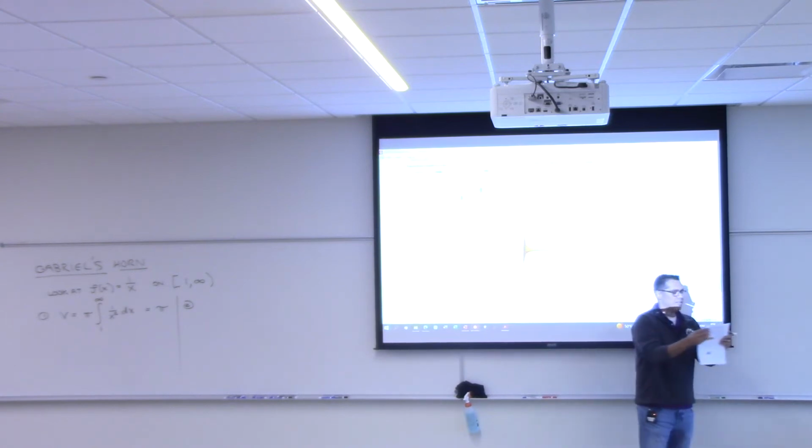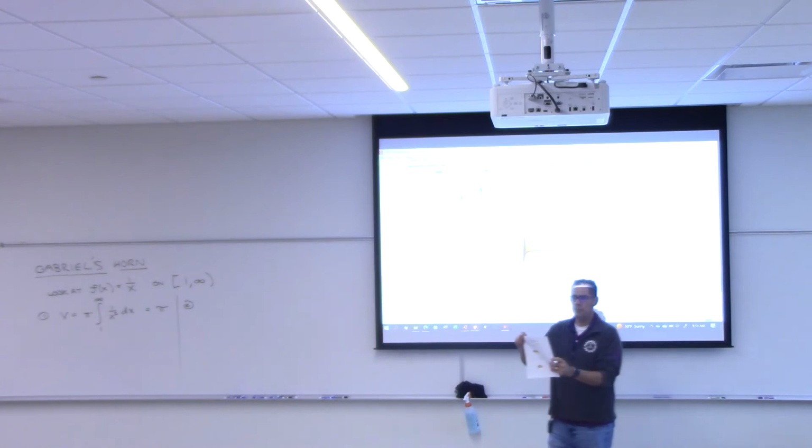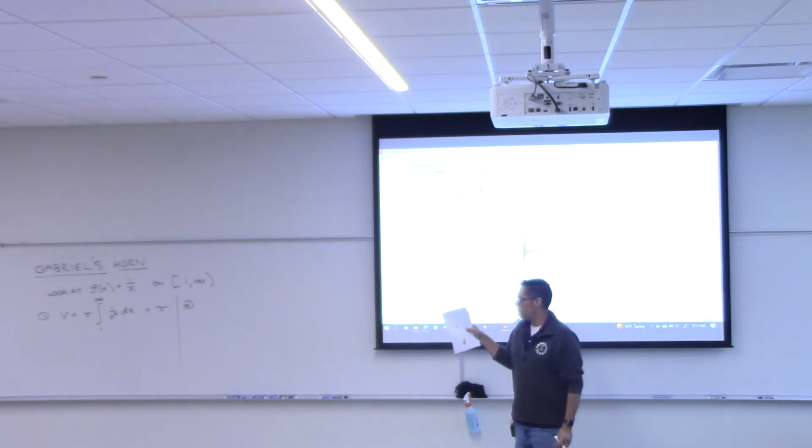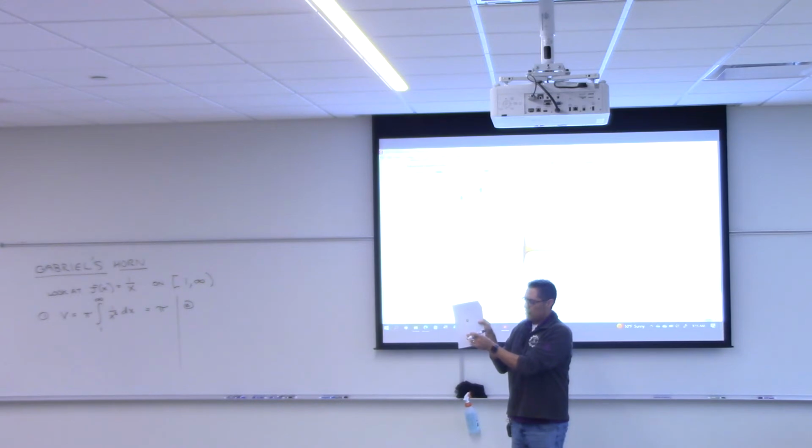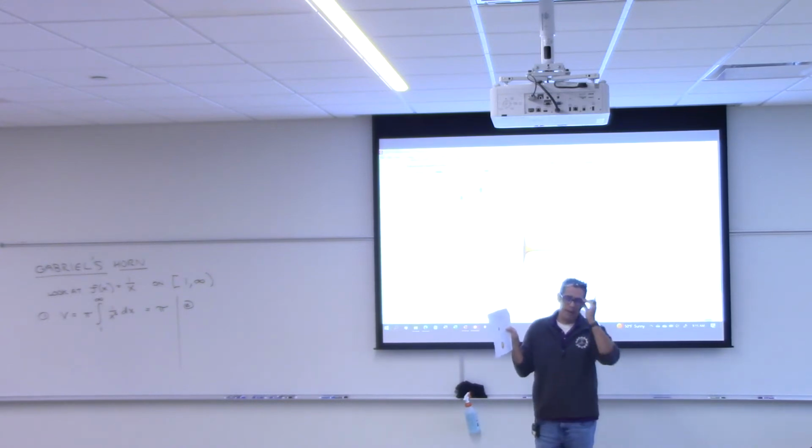We have an x-axis rotation, right? On this sheet, I give you 2 scenarios. Either you have a function of x, or the second one on the bottom is you have a function of y. What do we have? Function of x, right?